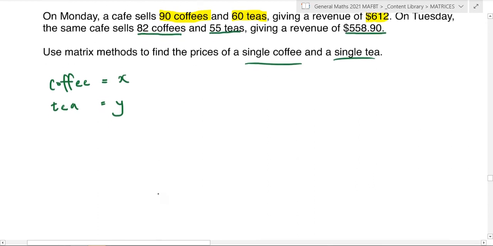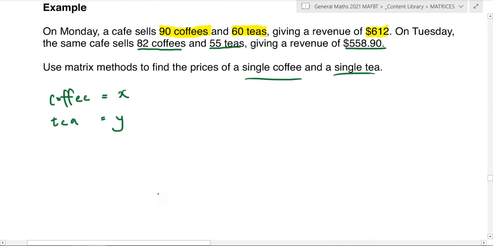Let me use another color, actually red, so it's not confusing. Now I've got my x and y variables: x is coffee, y is tea, and I want to figure out the price for each one of these.